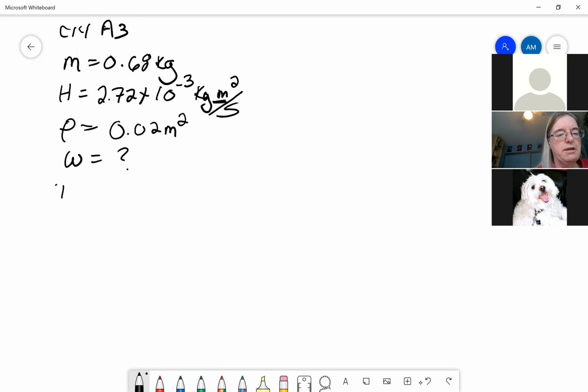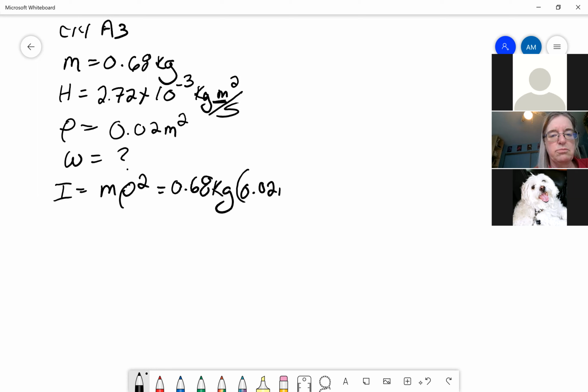So let's start with I. I is going to equal m times radius of gyration squared, which is 0.68 kilograms times 0.02 meters all squared, which is 2.72 times 10 to the minus 4. That sounds about right.